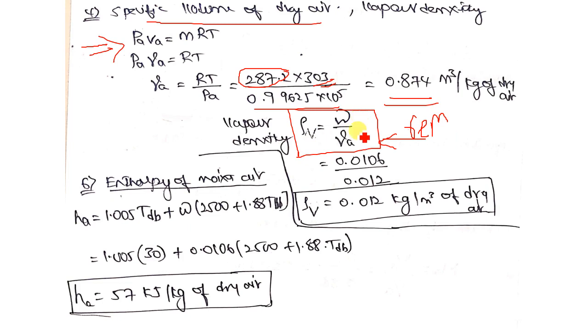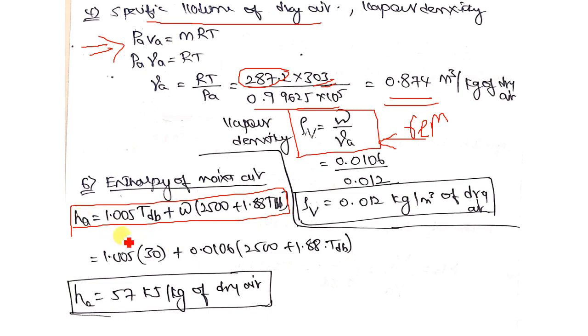Now the enthalpy of moist air has a specific formula which was given to you in the previous video, stated as ha equals, remember this is specific enthalpy because it is small h, as the obtained answer would be per kg. It is given as 1.005 TdB, the dry bulb temperature, plus omega, the specific humidity, times 2500 plus 1.88 TdB.